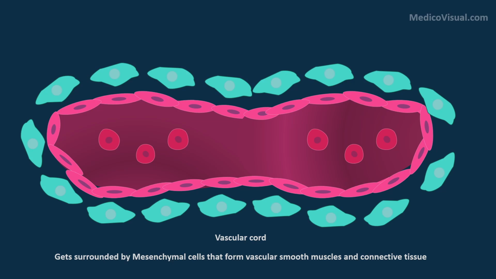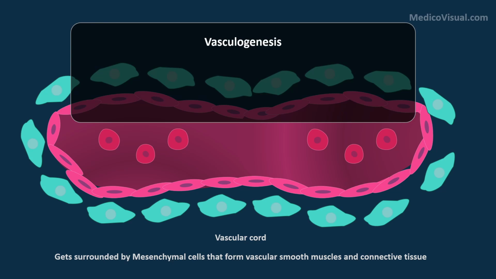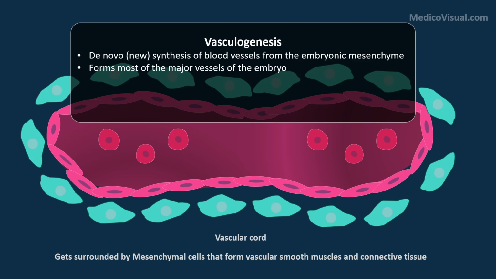And now a beautiful new blood vessel has been formed, and this process is called vasculogenesis. Vasculogenesis means de novo, or new synthesis, of blood vessel from the embryonic mesenchyme. Most of the major blood vessels of the embryo are initially laid down by the process of vasculogenesis.